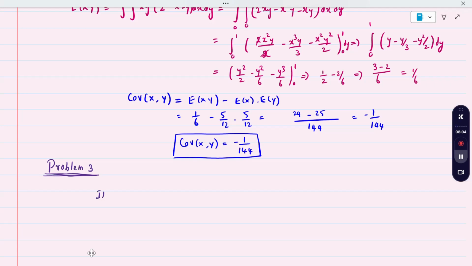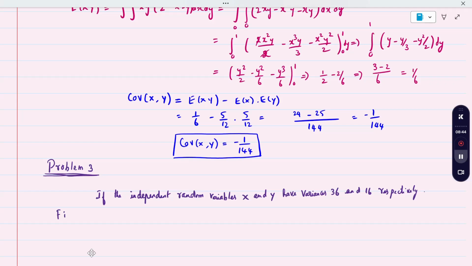If the independent random variables x and y have variances 36 and 16 respectively, find the covariance of x plus y and x minus y.